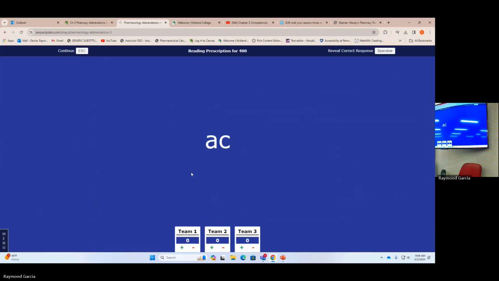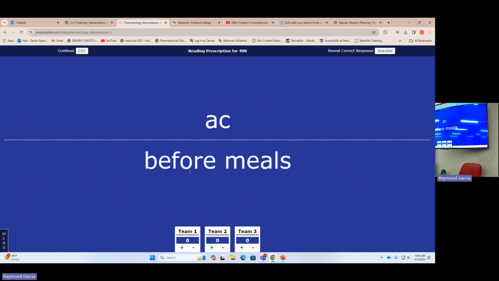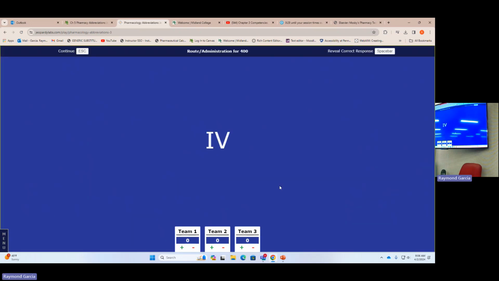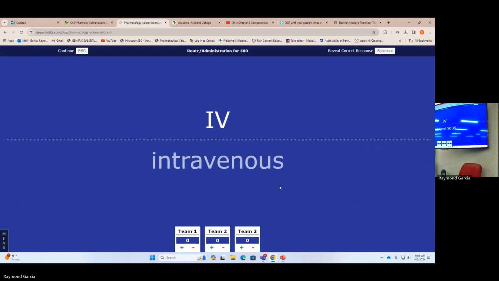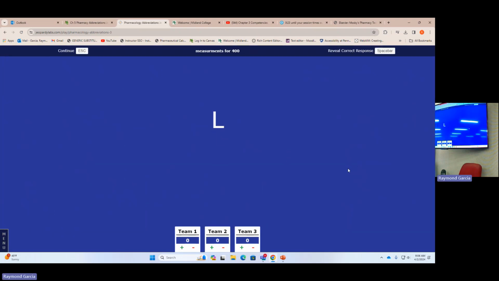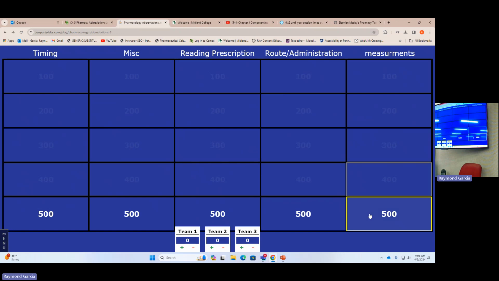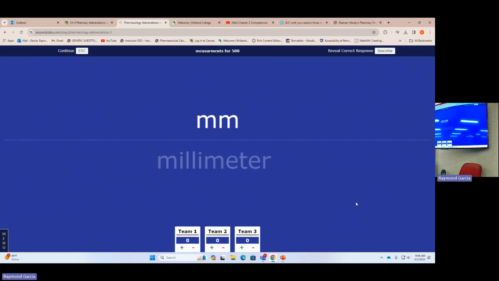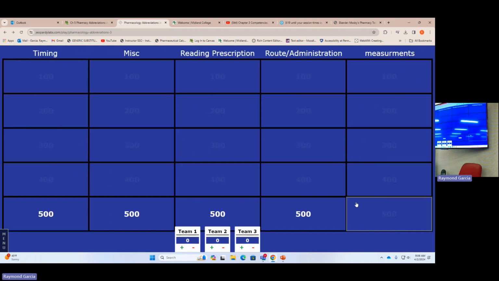AC, before meals. PC, after meals. IV, intravenous or intravenously. Liter, measurement again. Milliliter, millimeter.